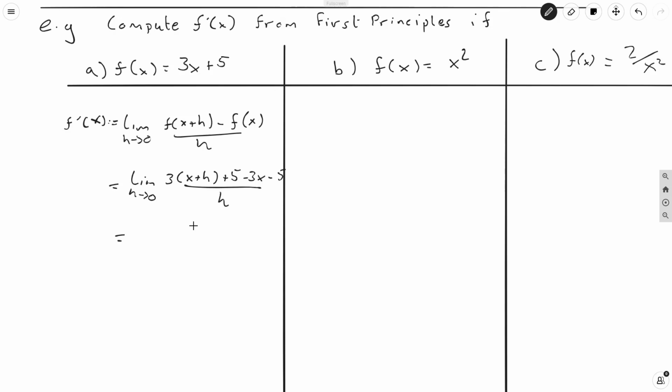Doing the algebra, it's the limit as h goes to 0 of 3x plus 5 plus 3h, minus 3x minus 5, divided by h. Notice the 3x's cancel and the 5's cancel. So this all evaluates to just the limit as h goes to 0 of 3h over h.